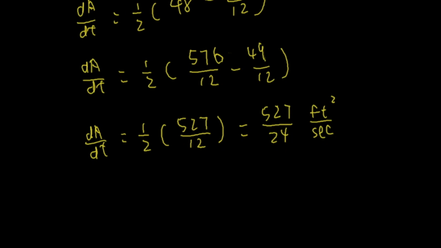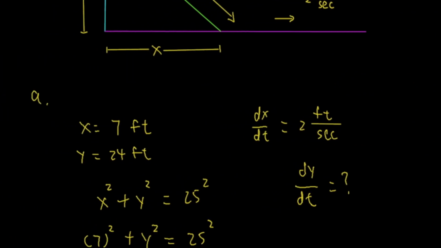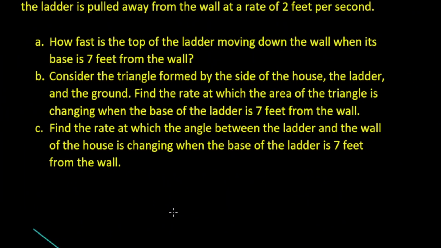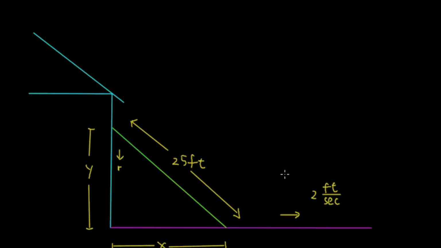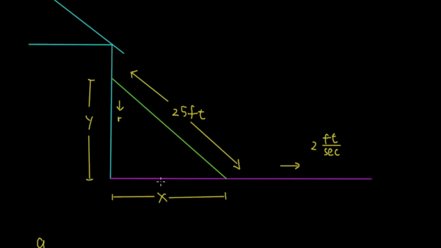Let's look at part C. Find the rate at which the angle between the ladder and the wall of the house is changing when the base of the ladder is 7 feet from the wall. So the angle between the wall of the house and the ladder will be this one here, okay? So let's draw this triangle.